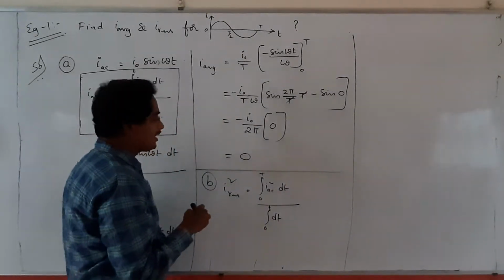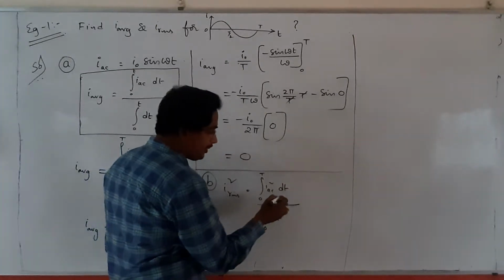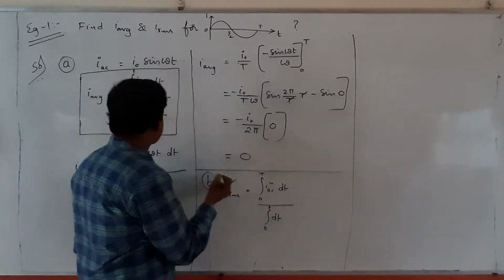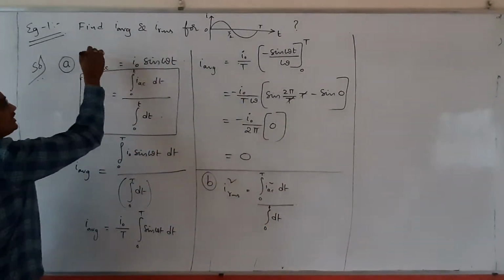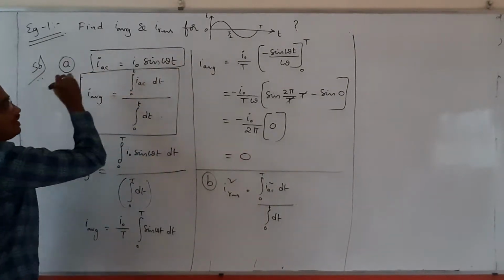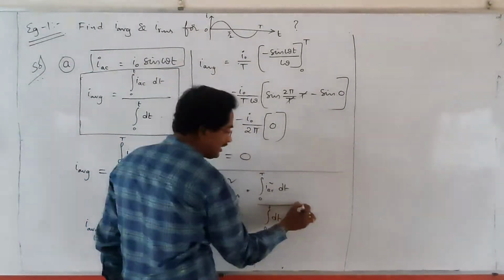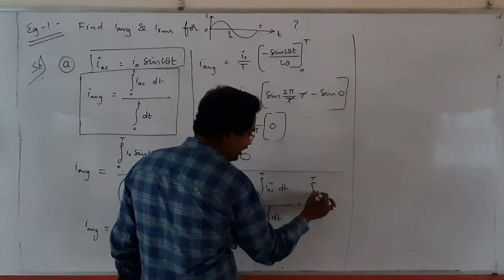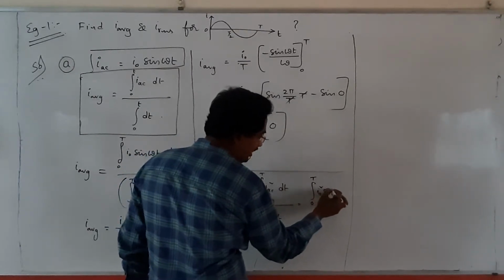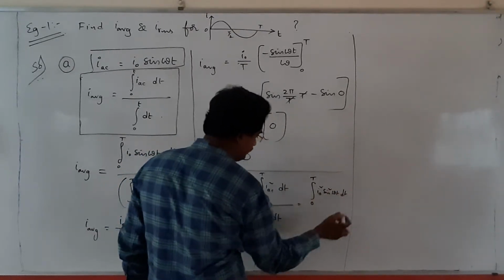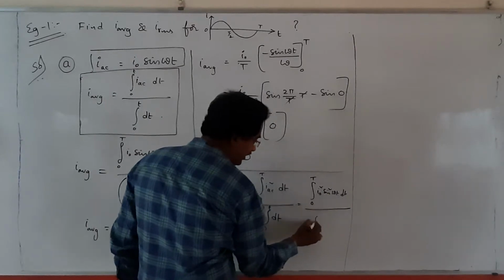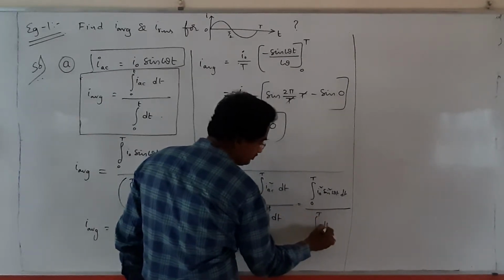So then what are we getting? If you apply that IAC value, that is written here: integral 0 to T I naught square sin square omega t dt divided by integral 0 to T dt.